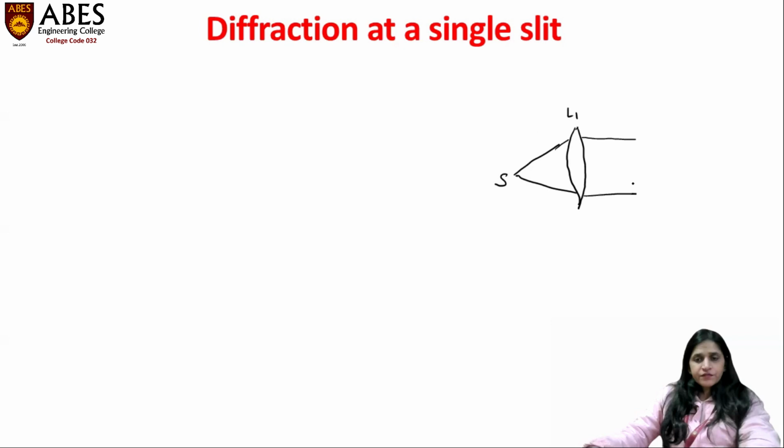Then the light from L1 is incident on a slit AB of width A. The light that is not bending will move straight, and again from another lens L2, it will be projected on the screen XY.